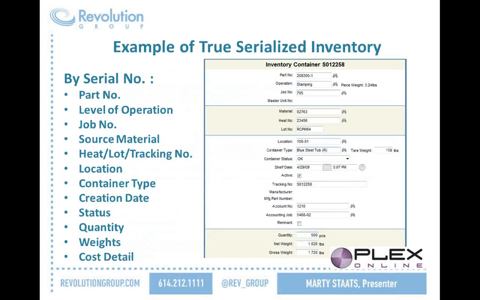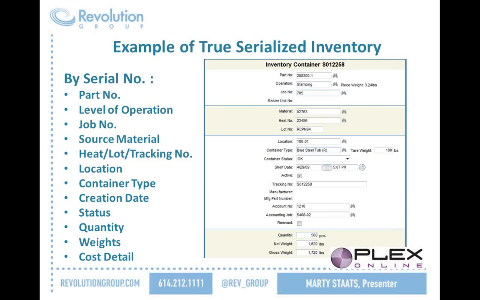So I want to show you an example here. This actually comes from Plex Online, which we'll be using as an example of an advanced ERP system. Here you see the container level detail for a serialized container, and that container would be S012258. You can see a lot of information about that container.